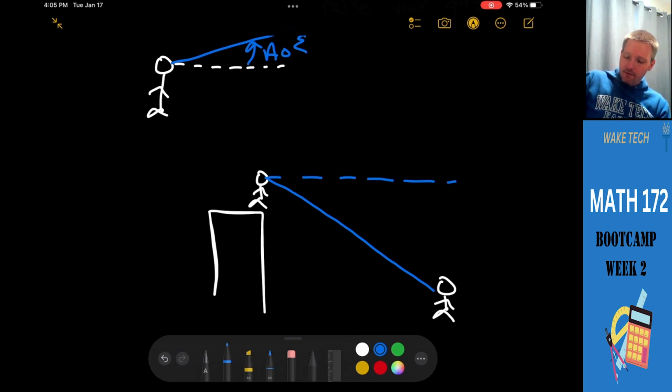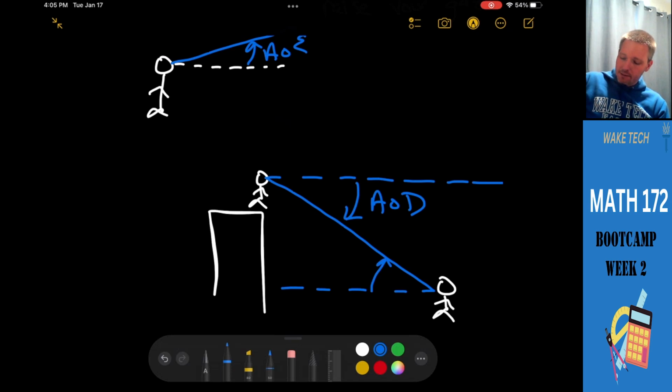Your angle of depression has to match that person's angle of elevation. If you're on a building looking down at someone, whatever angle you have to look down at them is the same angle they have to look up to see you. Otherwise, you're going to miss each other.